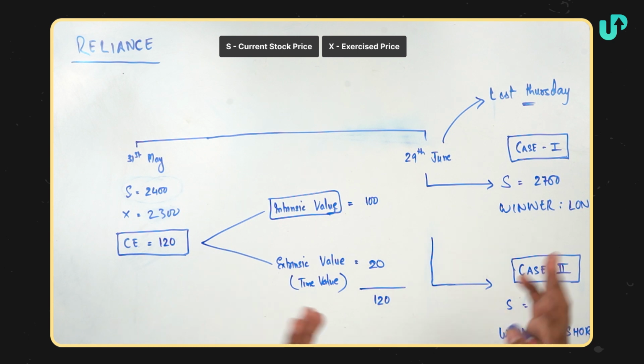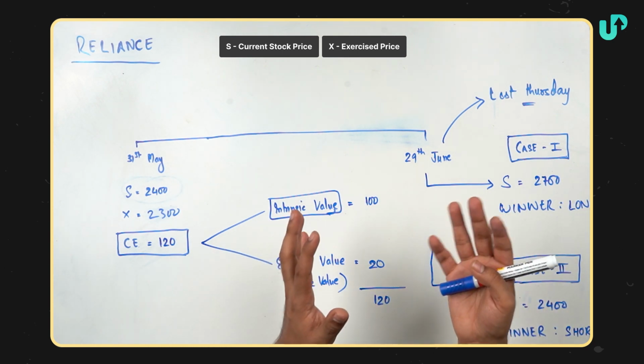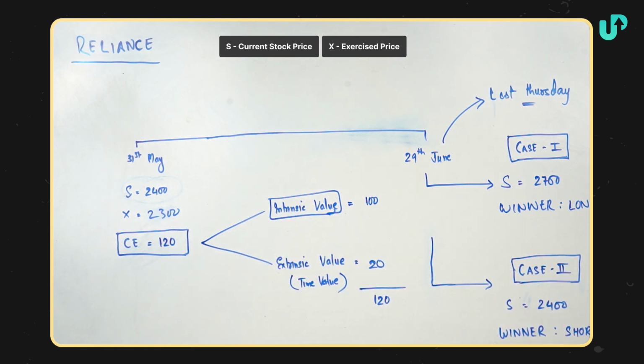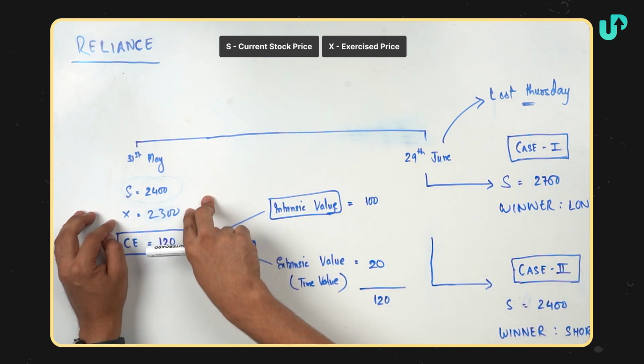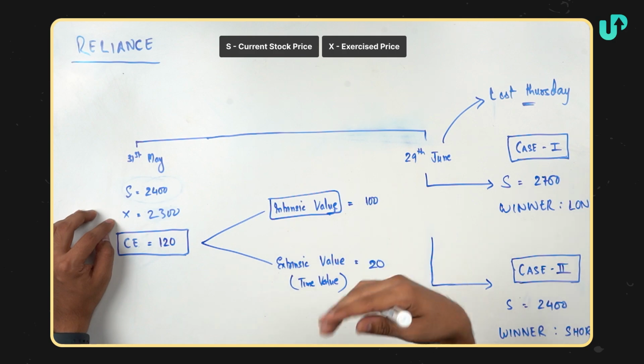So in this entire agreement, we are entering into a contract where I, as a long call party, get the right to buy the stock of Reliance at 2300. That is the exercise price or the agreed upon price. Very simple to calculate. When I am going in the market to buy this particular right, I obviously have to pay a certain premium because there's no free lunch.